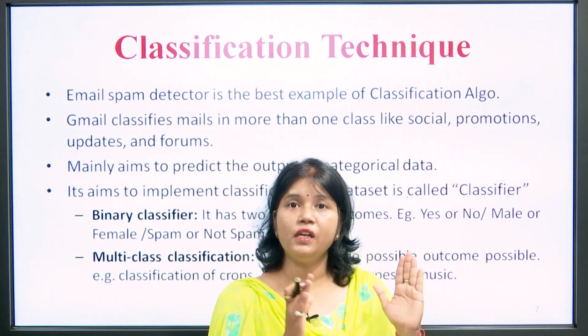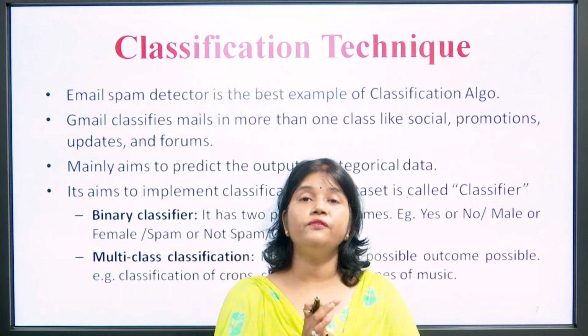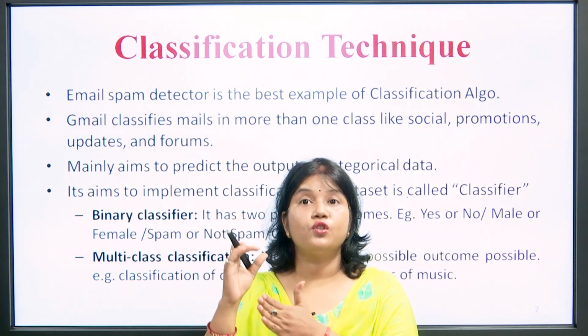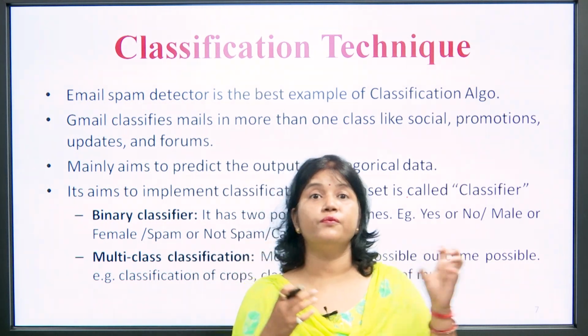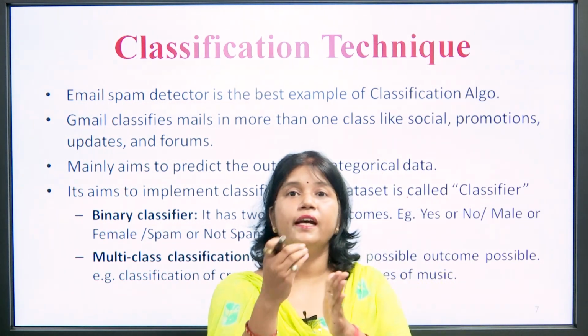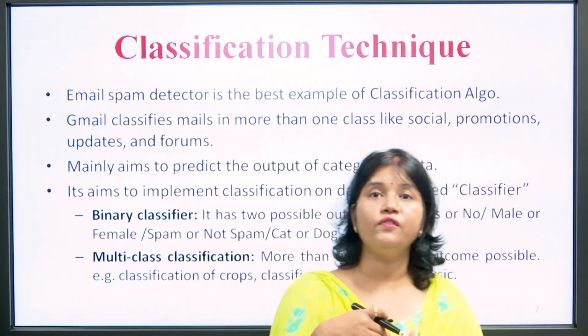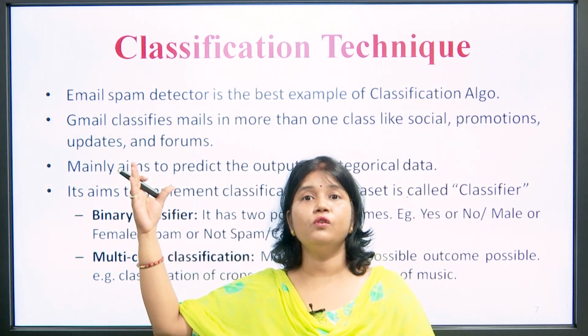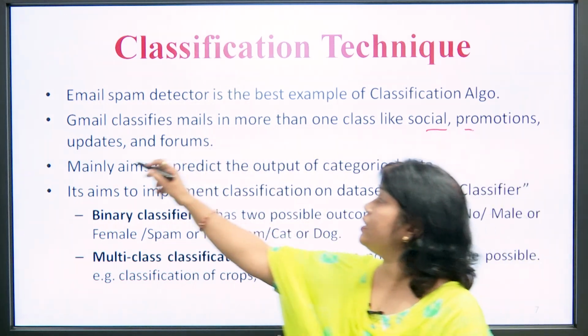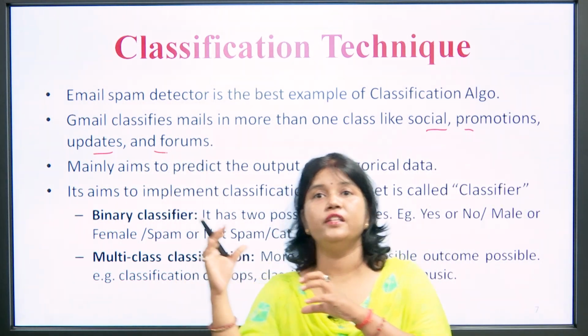You just open your Gmail account, and what will you find? There are so many categories: social, promotions, inbox, updates, forums. The email you have just received will go into a category depending on its basic nature.